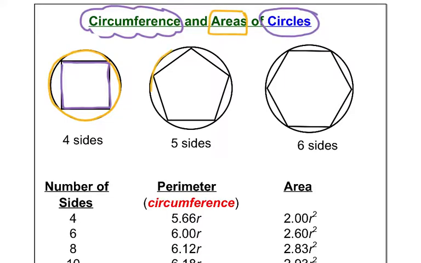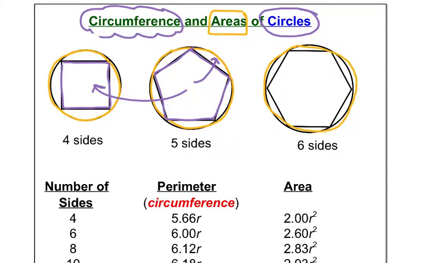So let's take the same circle here, folks, but now let's add a side to that square and put that inside. All right, what's that purple perimeter? That purple perimeter is more than the square's perimeter, but still not quite the same circumference of the circle I'm looking for. So they kept going, and they kept going, and they kept going.